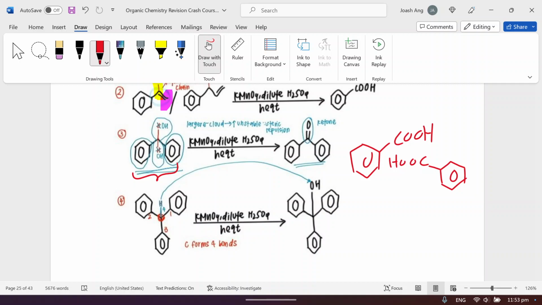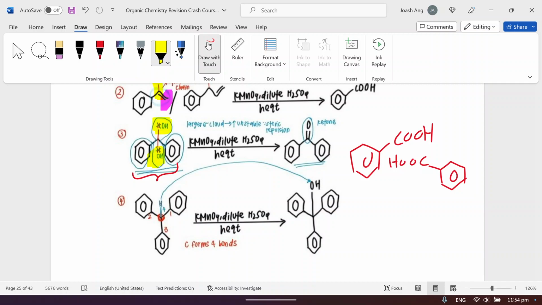So what we will do instead is that the benzylic hydrogen, we will convert it to an OH group. One problem is that you could decide to convert both benzylic hydrogens into OH groups.